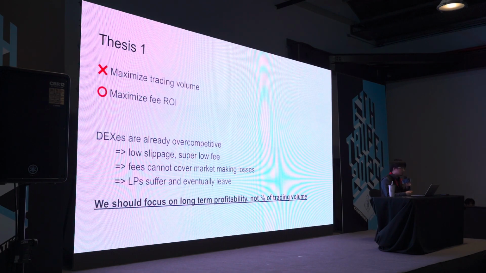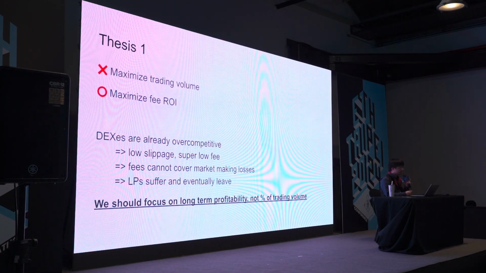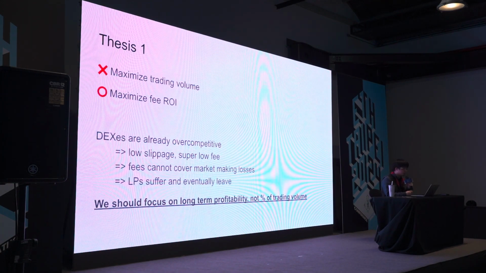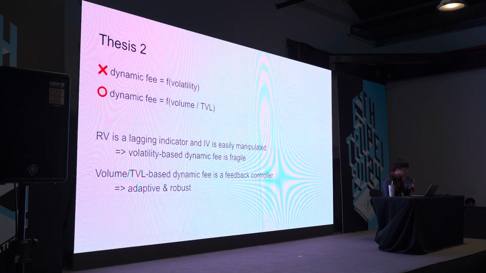For example, we can see some DEXs pushing their LPs to a lower fee tier, for example Uniswap or Curve. And we can even see some DEXs lower their fee to 0 just to win some trading volume. But that just doesn't make sense for liquidity providers. And we want to do exactly the opposite. So we might not be the DEX that has the most volume, but the percentage of ROI should be higher than the others.